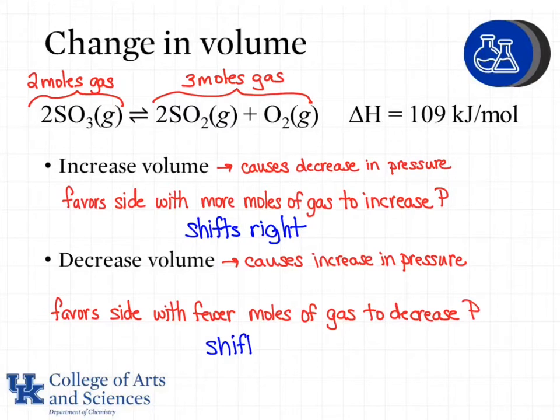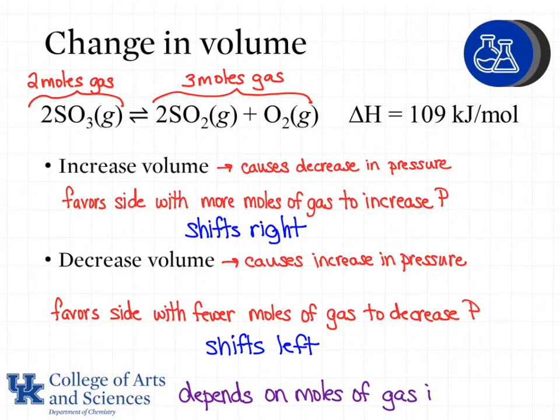As a result, for this reaction, we will shift the reaction to the left to form more reactants and less products. As with changes in temperature related to enthalpy, these changes also depend on the moles of gas in the reaction. So there is no hard and fast rule of shifting left or right with decreases or increases in volume.